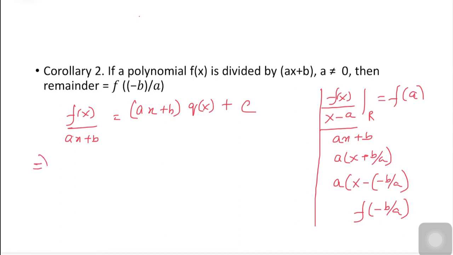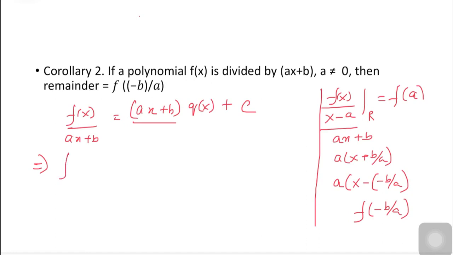And this remainder will have a degree that is less than the degree of the divisor. Here the divisor is ax plus b, so the degree is equal to 1. So the remainder will have a degree equal to 0. So it's a constant, it's not a function of x.